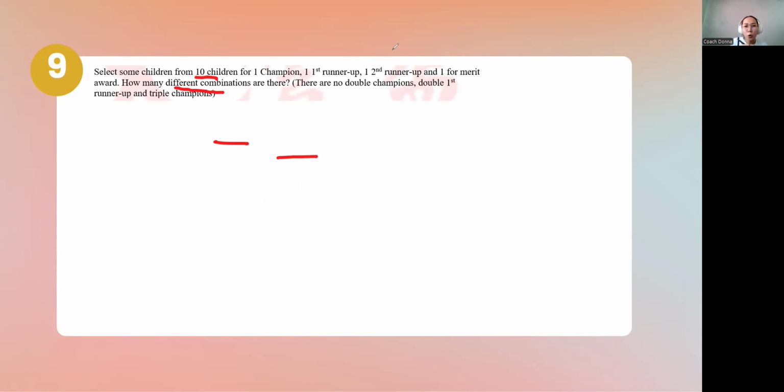So we have 4 spaces that we need to fill.